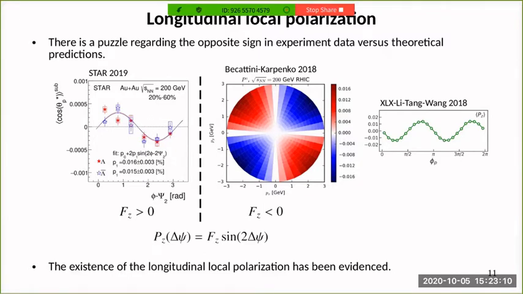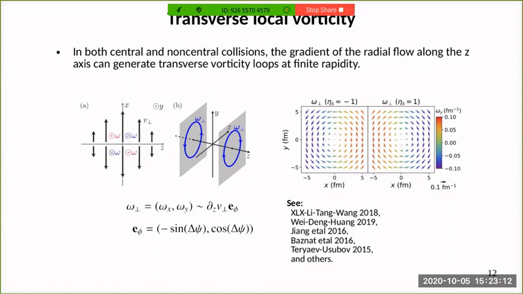Besides the longitudinal polarization in non-central collisions, in both central and non-central collisions, the gradient of radial flow along the z-axis can generate transverse vorticity loops at finite rapidity, which is illustrated by this picture.